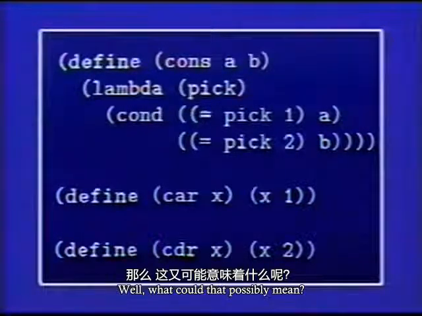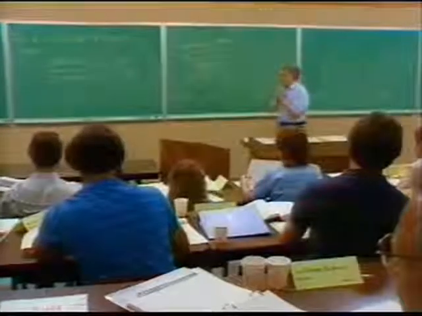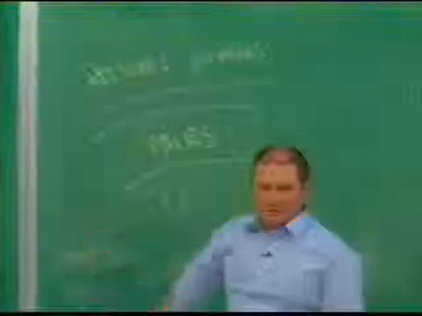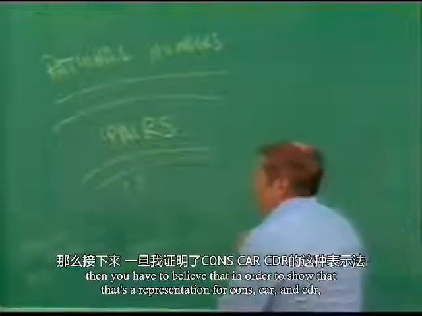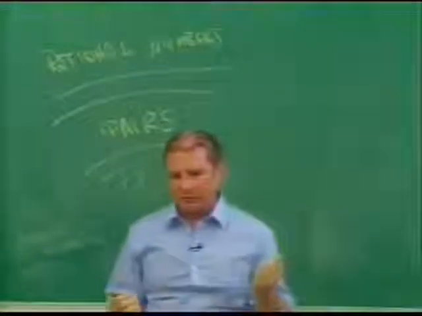Well, what could that possibly mean? If you really believe this stuff, then you have to believe that in order to show that that's a representation for cons, car, and cdr, all I have to do is show that it satisfies the axiom.